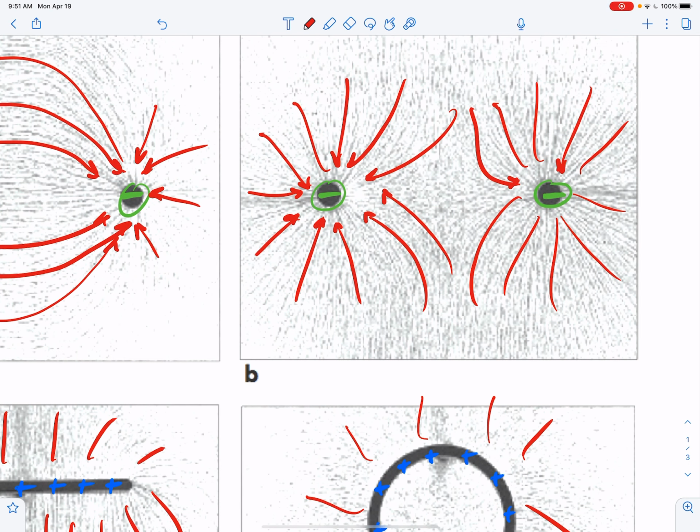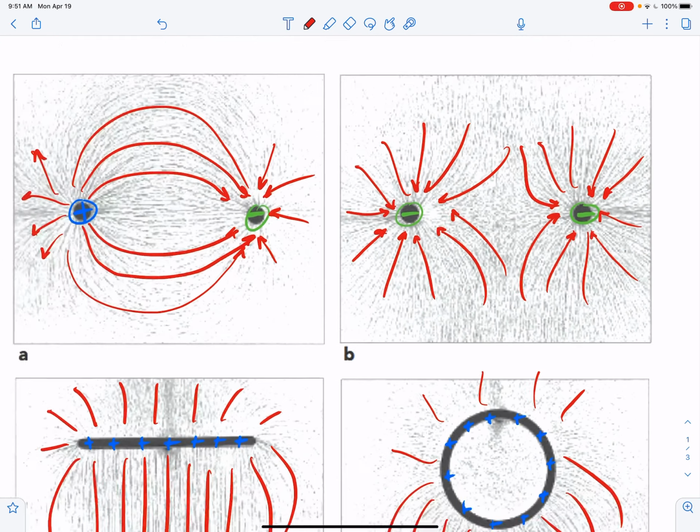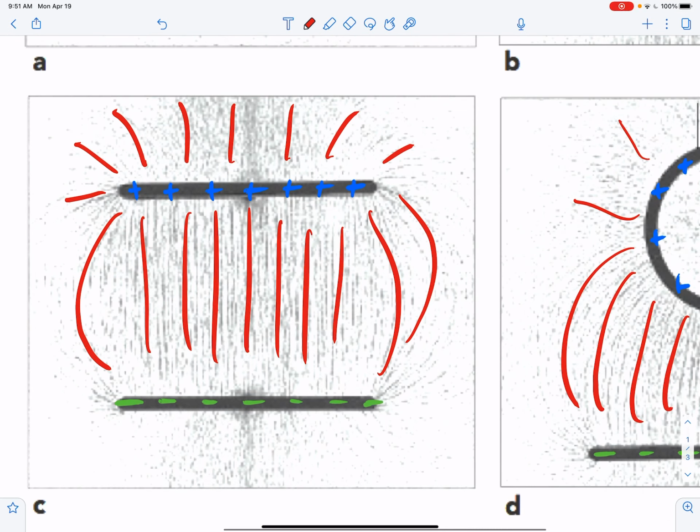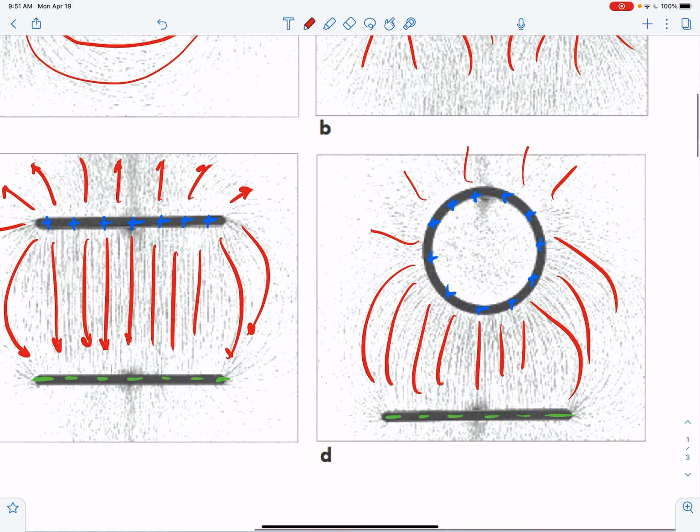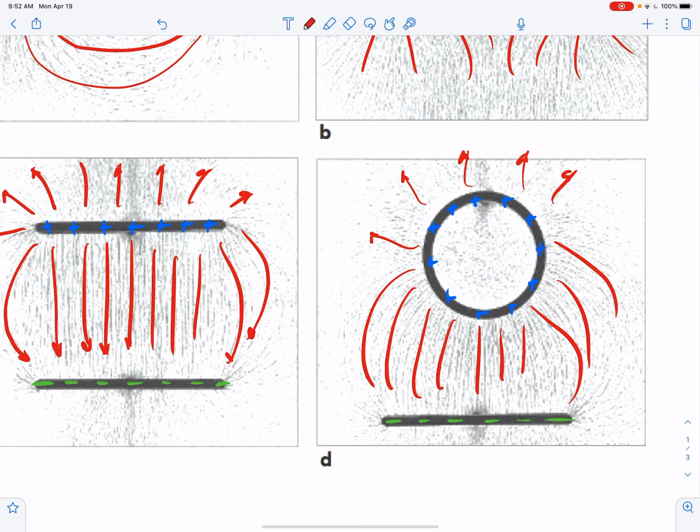These would all point inward as well. Towards the negative, away from the positive. And then similar here, away from the positive, towards the negative.